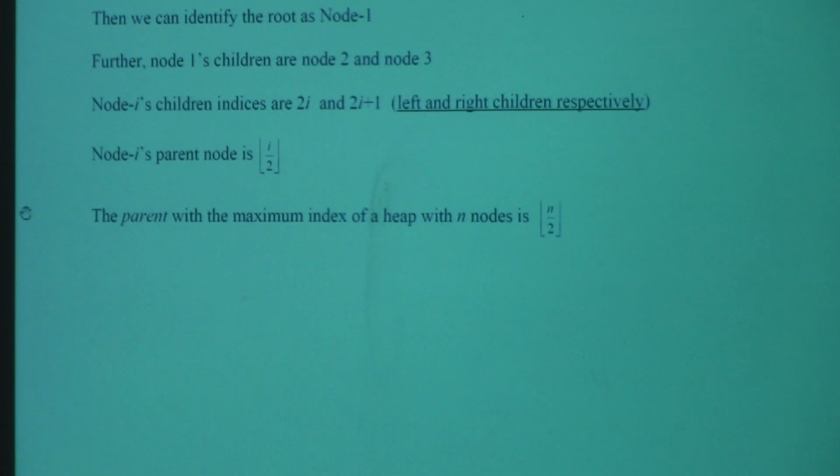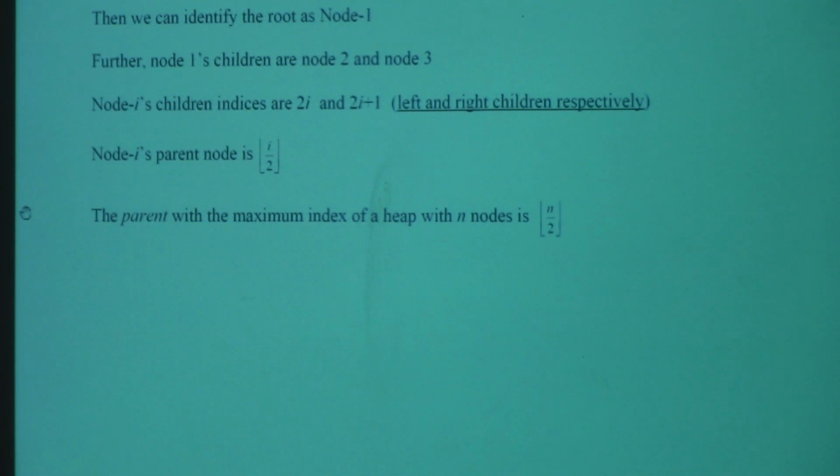I can also find out the parent which has the highest index in the tree. Well, it's not that difficult. If I just go to n, and in our case n was 8, 8 divided by 2 gives me 4. But it also says that no parent has a higher index than 4. Does that make sense?